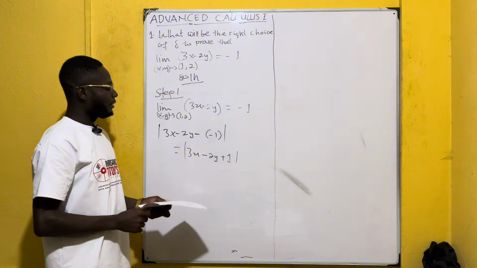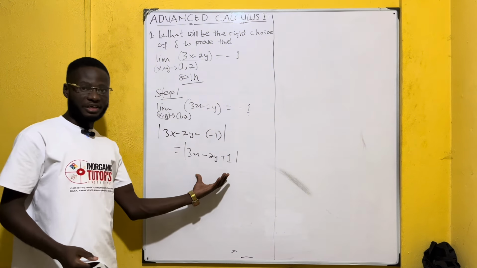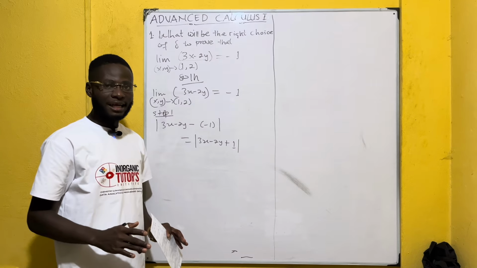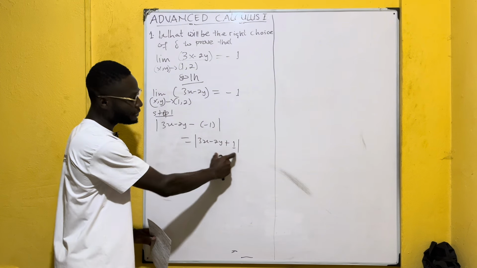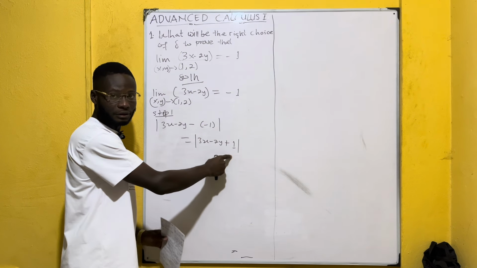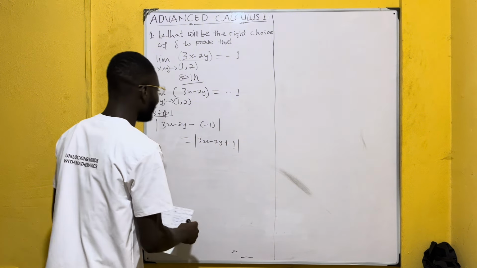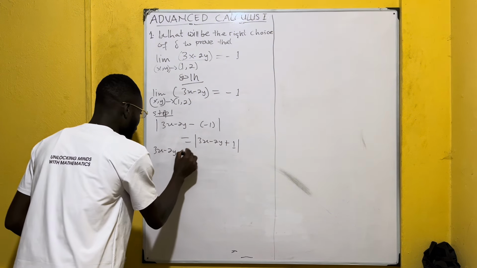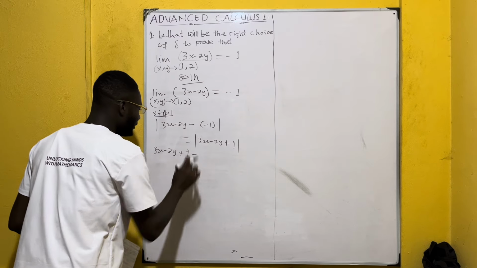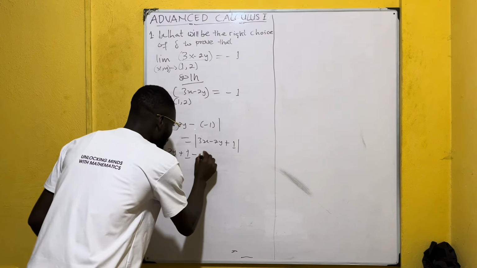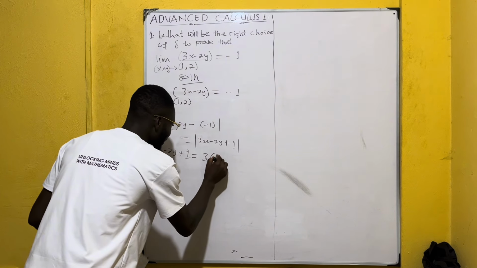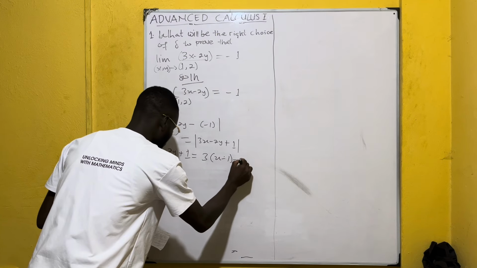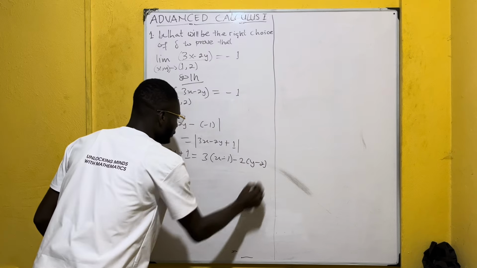Once we have done this, the next thing is to rewrite this expression. We write 3x minus 2y plus 1 as 3 times (x minus 1) minus 2 times (y minus 2).